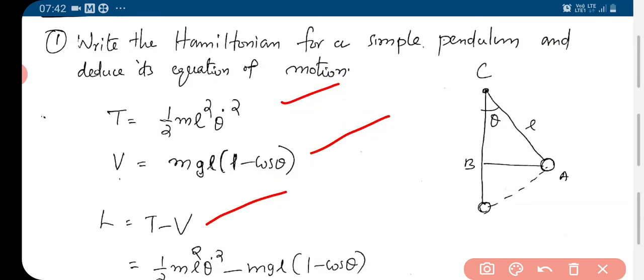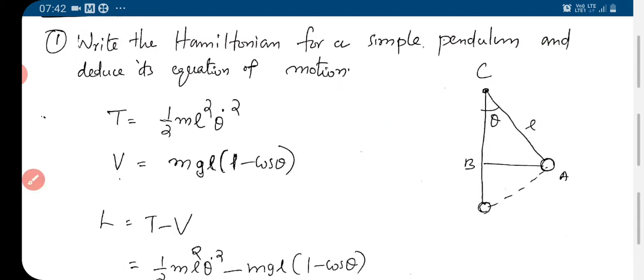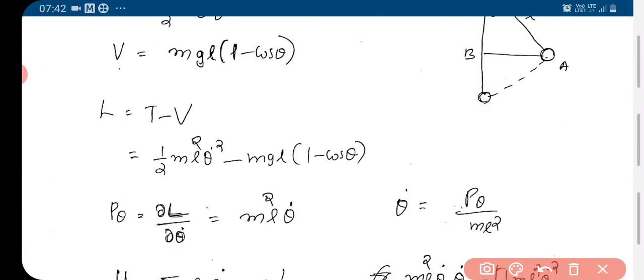And the Lagrangian, we know, is T minus V, kinetic energy minus potential energy. So this is half m L square theta dot square minus mgl(1 minus cos theta). So this is the Lagrangian. Now we determine the canonical momentum for the variable theta. We have only one variable here, only 1 degree of freedom in the case of the simple pendulum.